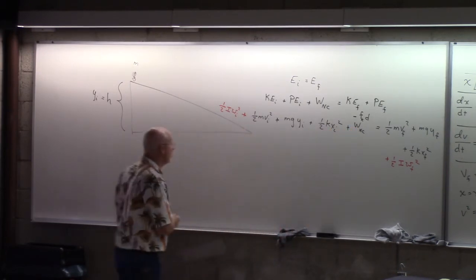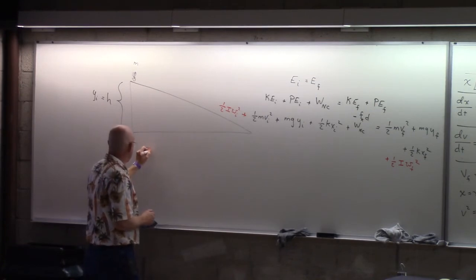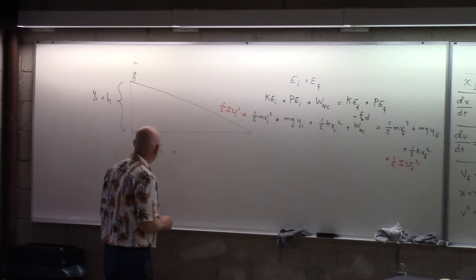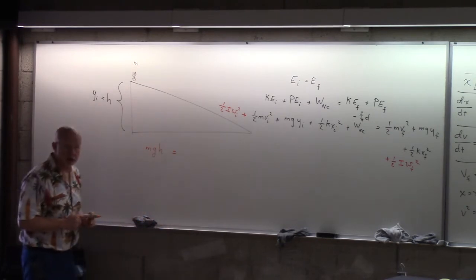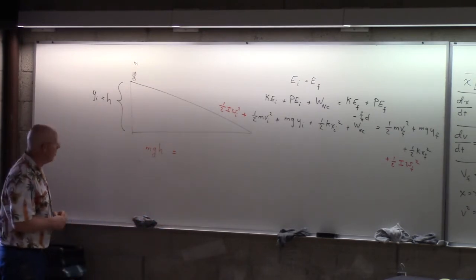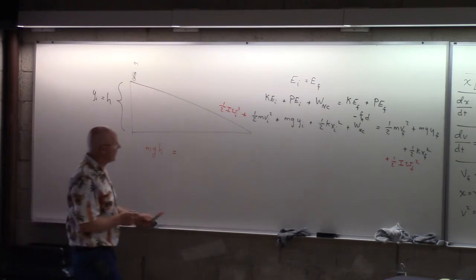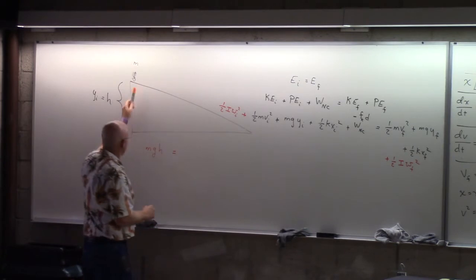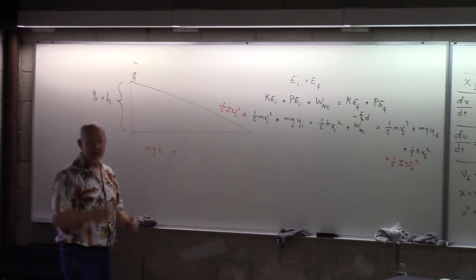The end of the story is I just have an mg, and I don't know if you want to call it an h like your author does, or a y initial like I've been recently. But I would say that if I think about the principle of conservation of energy, up at the top of the hill, there's only one energy that it has, and that's gravitational potential energy.